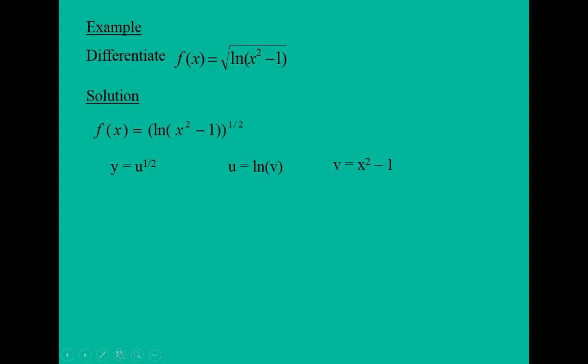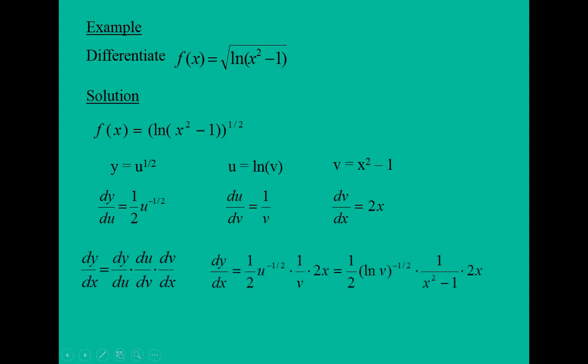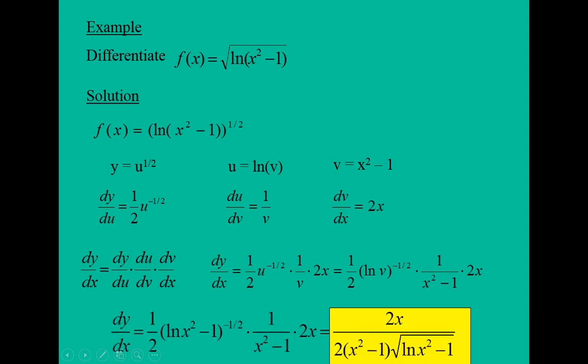Now we take the derivative of each one of these and we multiply these together and we replace u and v back into terms of x. So we make our substitutions and there's our derivative. We could again reduce those 2's.